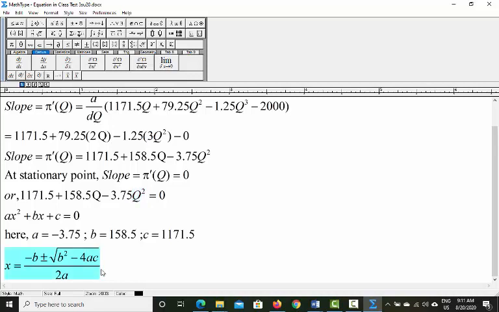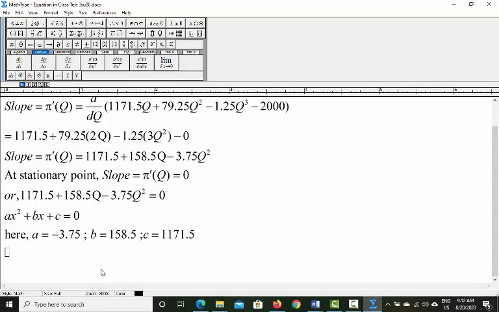You can use this formula to solve this equation, but as I have taught you, use your calculator's mode function.